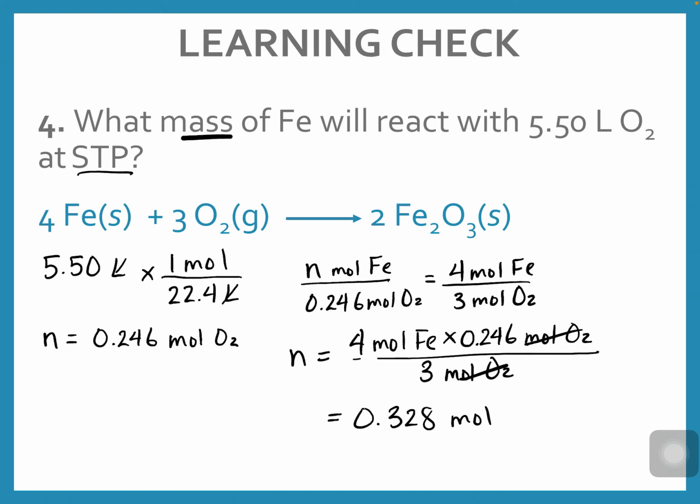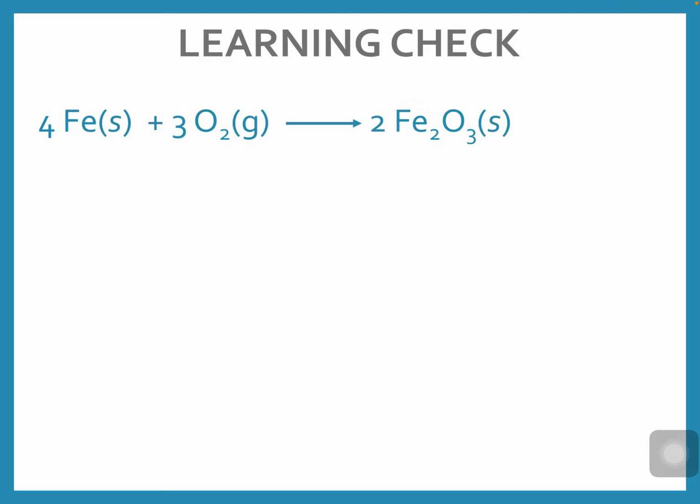And then I just need to convert that 0.328 moles to a mass of iron. So for that, I need the molar mass. The molar mass of iron is 55.85 grams for every mole.